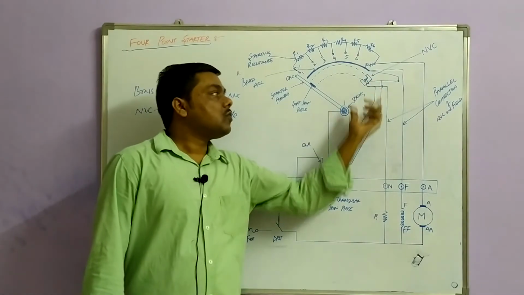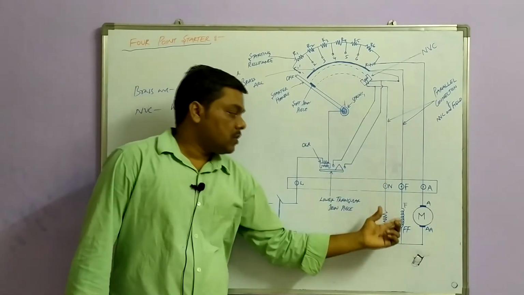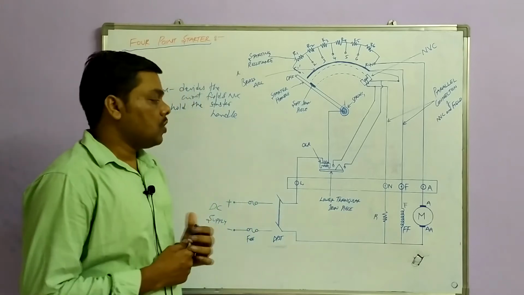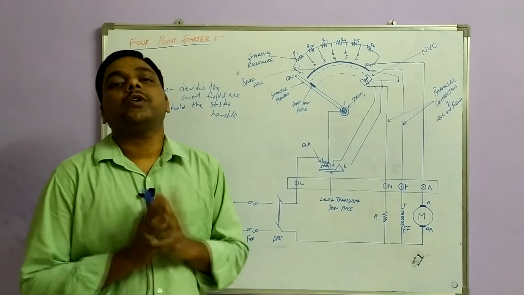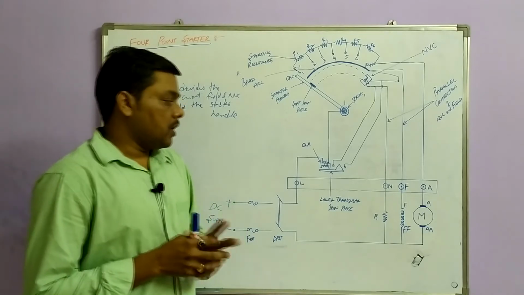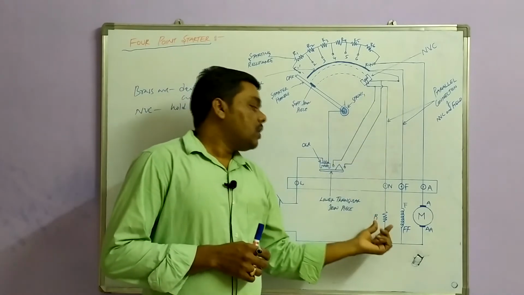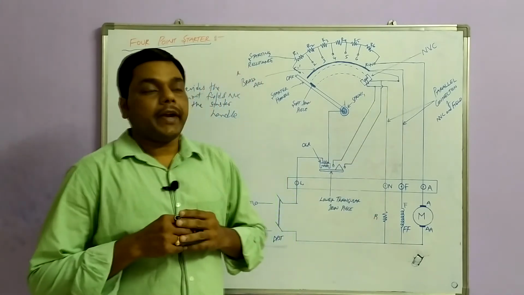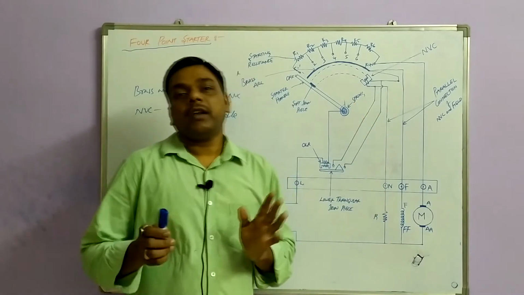The no volt coil is supplied from the parallel connection of the field winding, so when the field current needs to change, the speed is not affected by this. The extra resistance is provided to limit the current, and this N is the no volt coil connection.